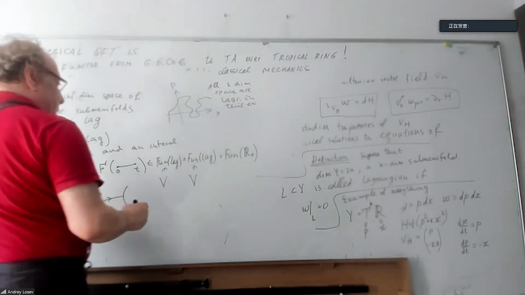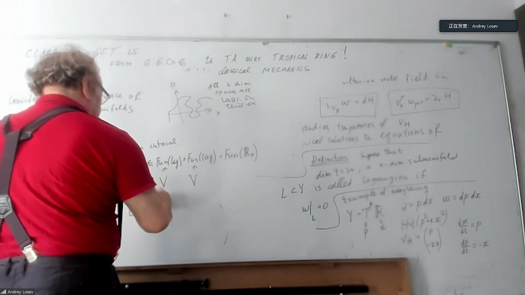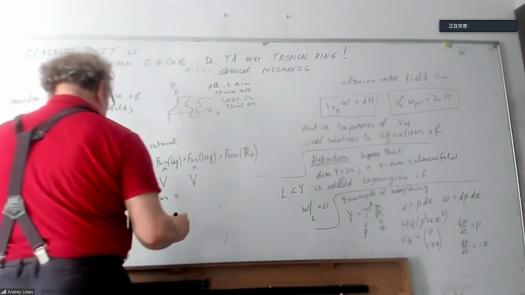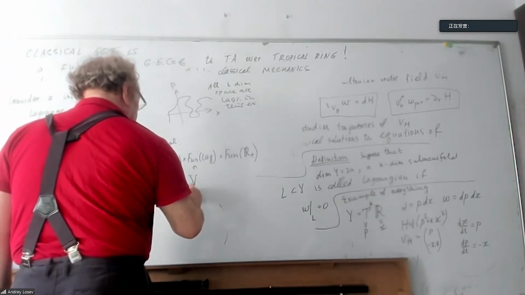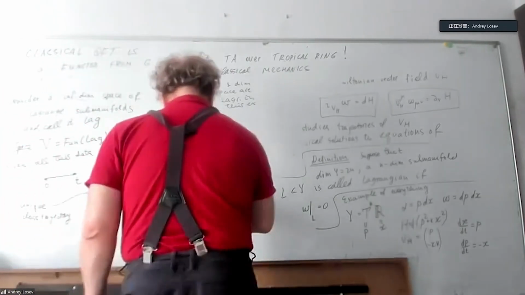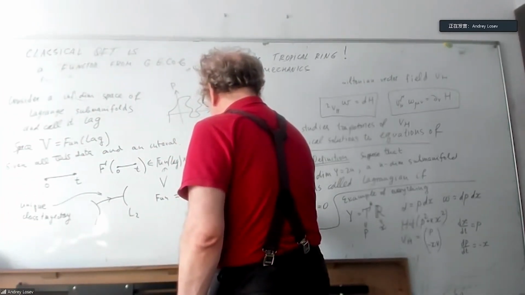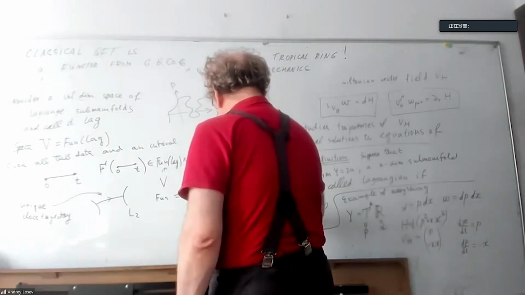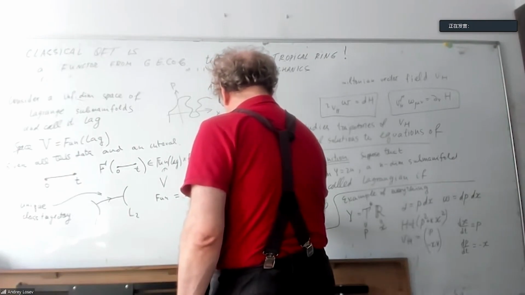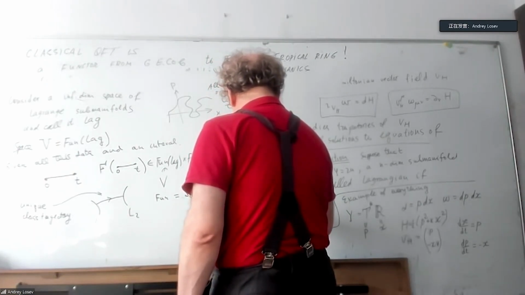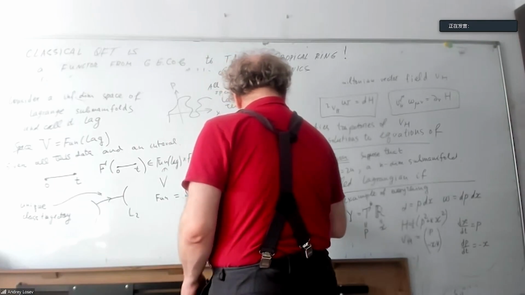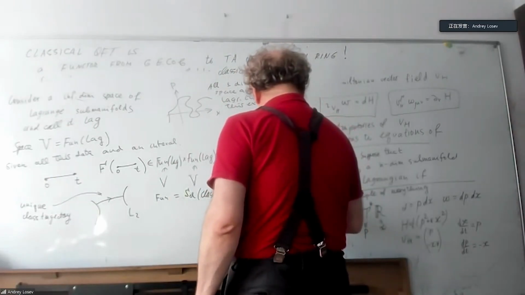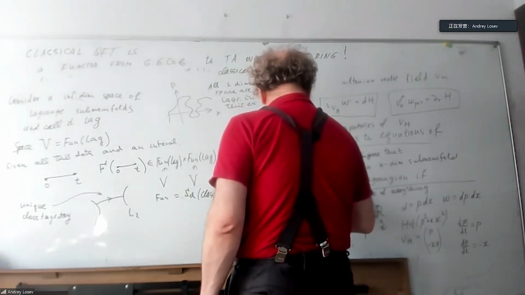And then the factor equals classical action on classical trajectory connecting L1 and L2.